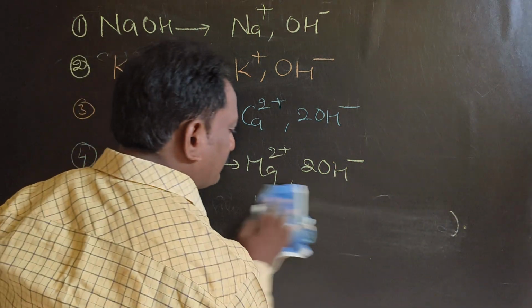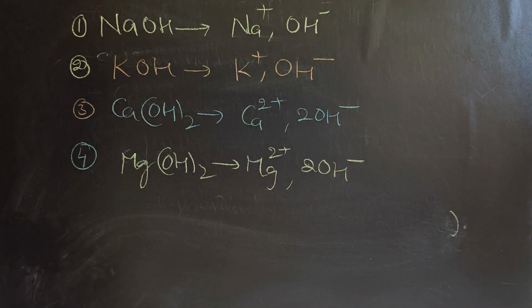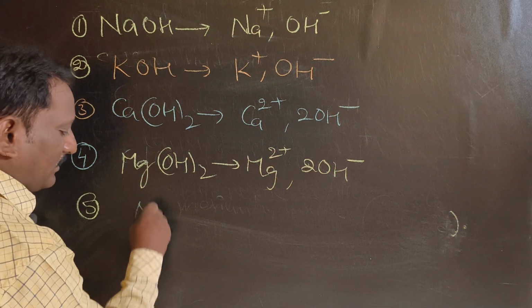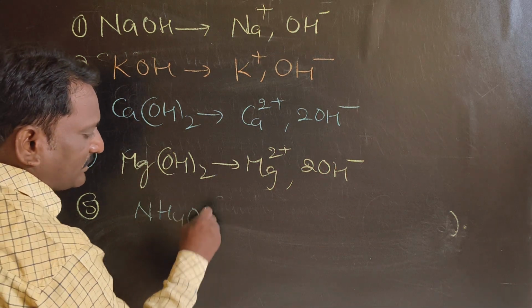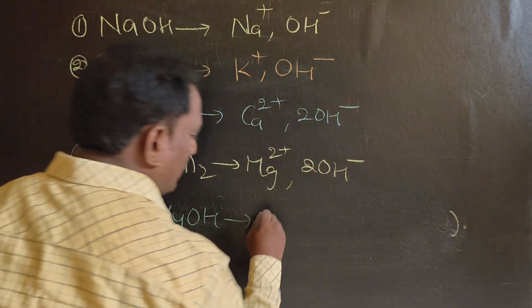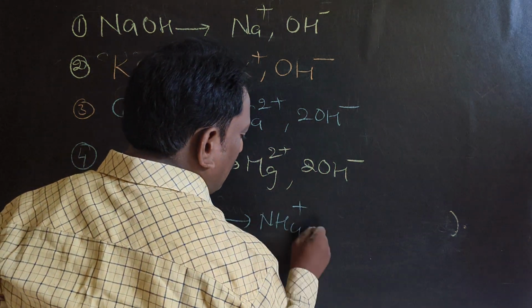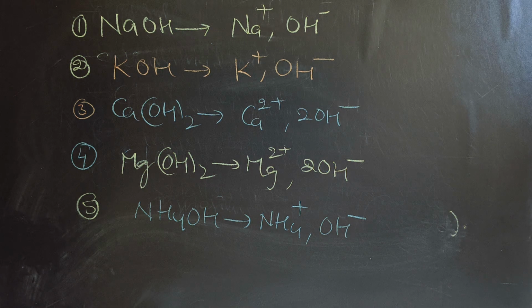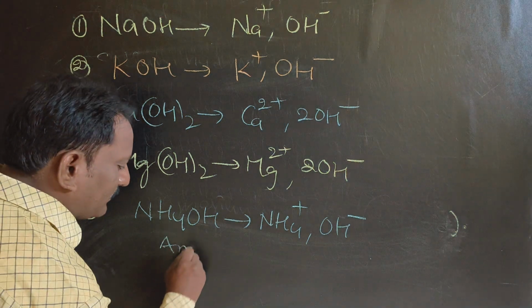Last example, ammonium hydroxide, NH4OH. It gives NH4 plus and OH minus ion.